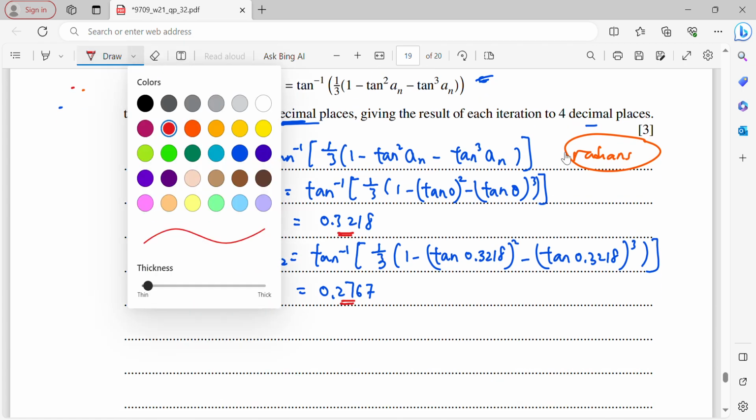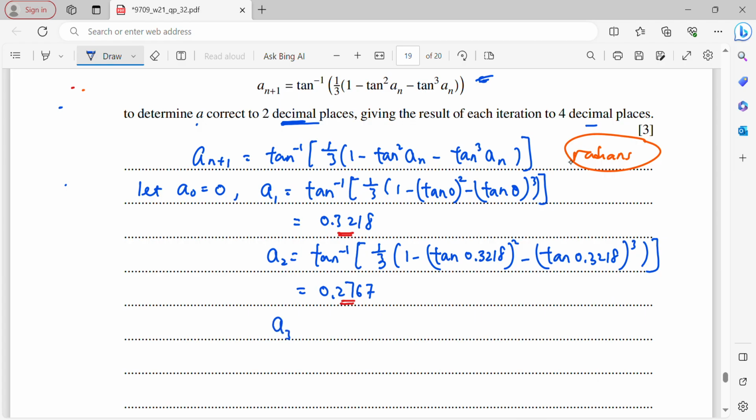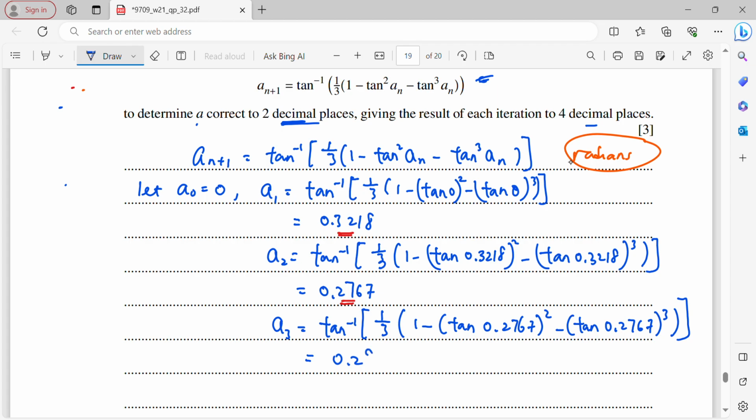So now a3 is inverse tangent 1 over 3 times 1 minus square of the tangent, then minus cube of the tangent. Then this is going to be 0.2904. Again, they are not the same. Okay, not the same.